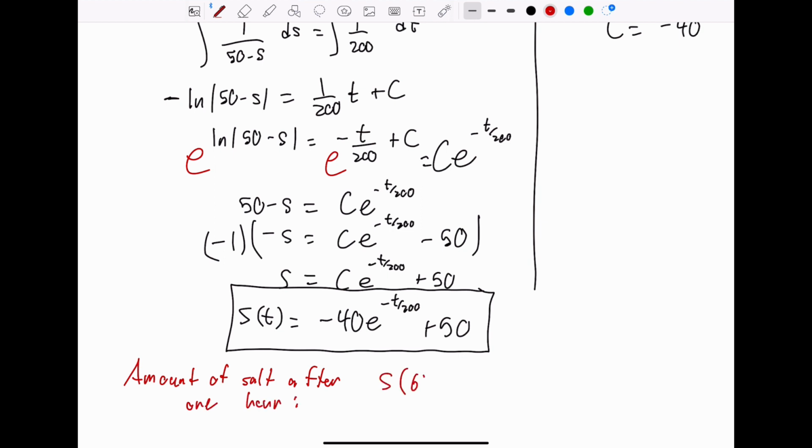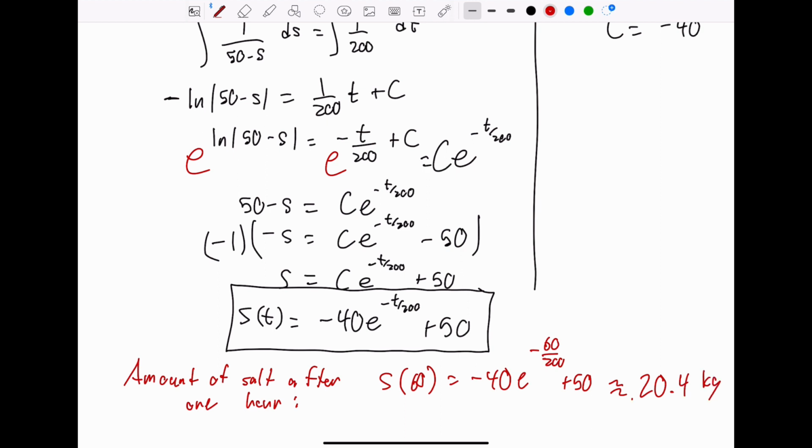So S of 60, we'll plug in 60 for t, and we get negative 40 e to the negative 60 over 200 plus 50. We can go ahead and throw that into Mathematica, and we get a value of approximately 20.4. This is measured in kilograms.